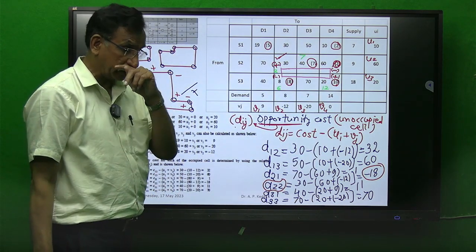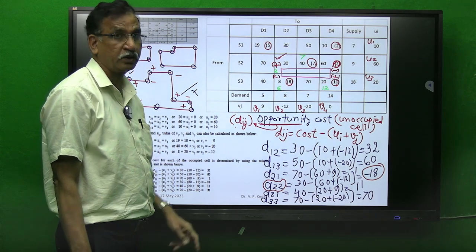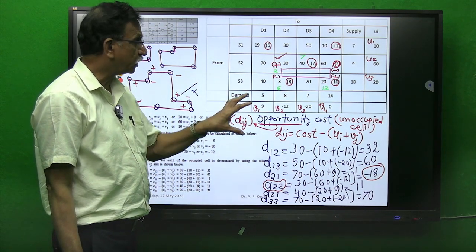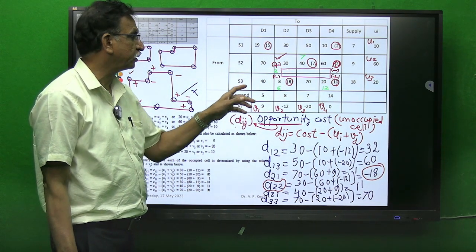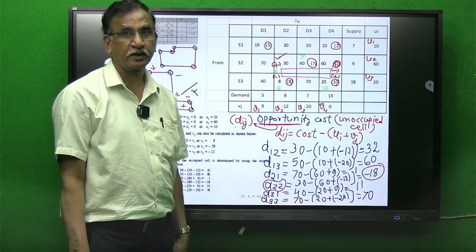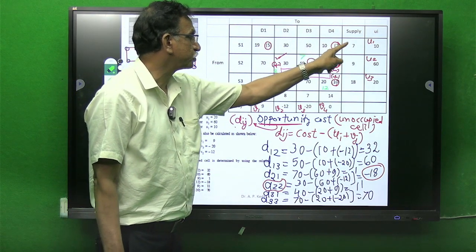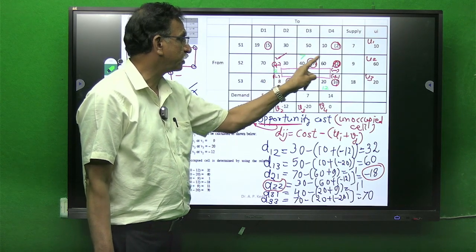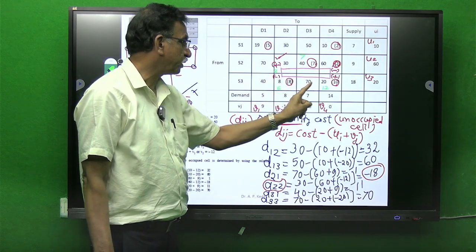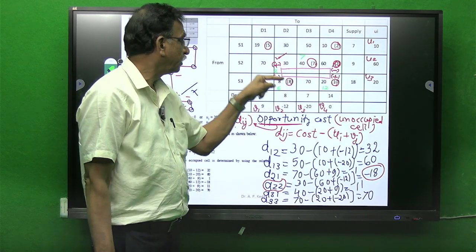So important thing is that what we are doing in improvised solution is we are shifting the place of allocation, but total supply and demand doesn't change. You can cross check here. 5 plus 2, 7. 2 plus 7, 9. 6 plus 12, 18.